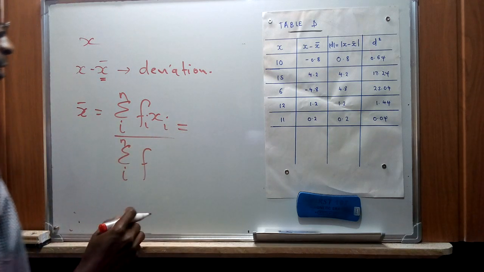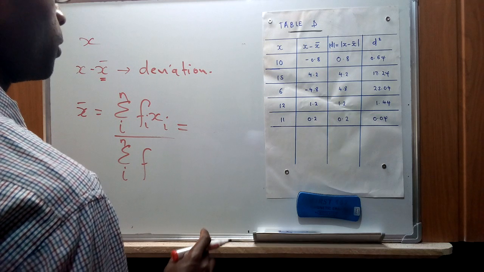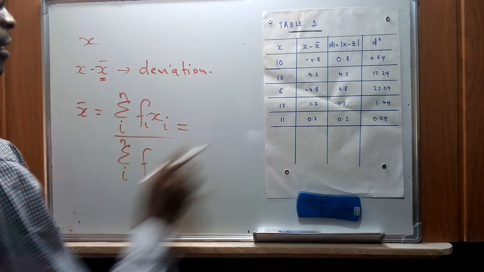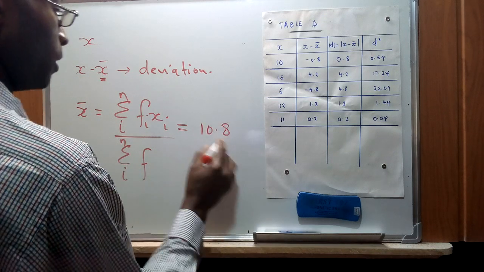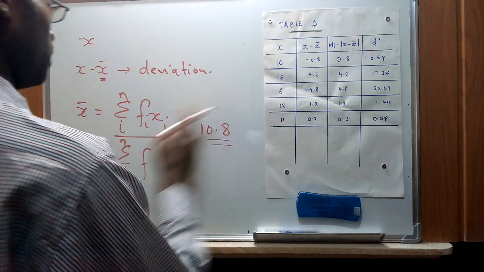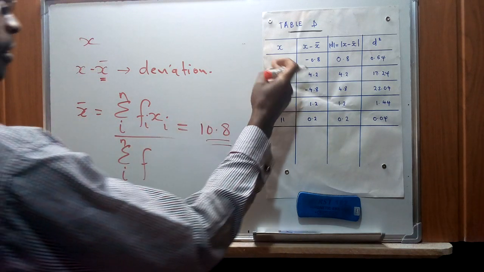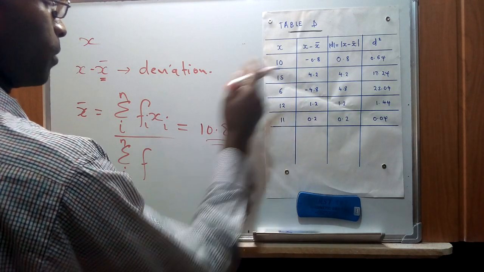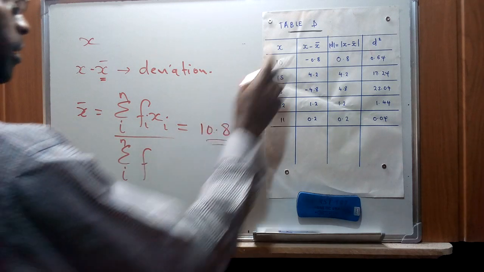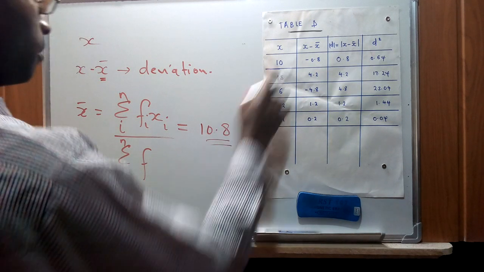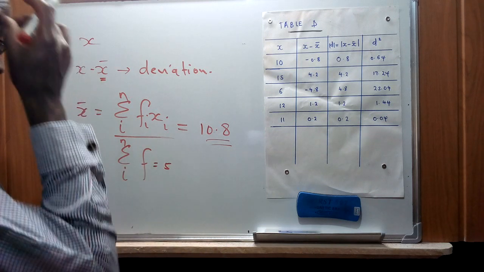Therefore, the mean was 10.8. Each of these data has a frequency of 1, so the total is the summation of all these data divided by the summation of frequency, which is 5.